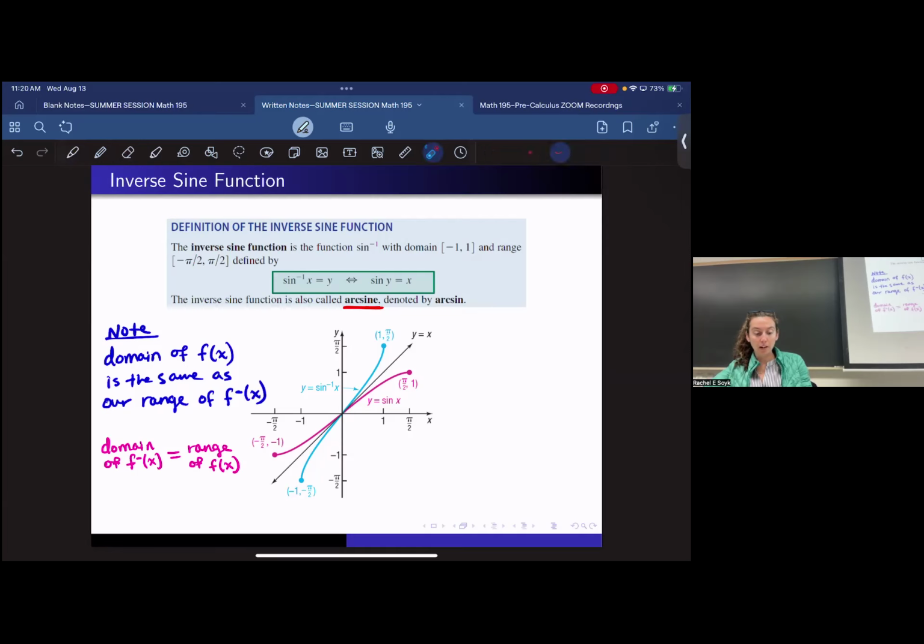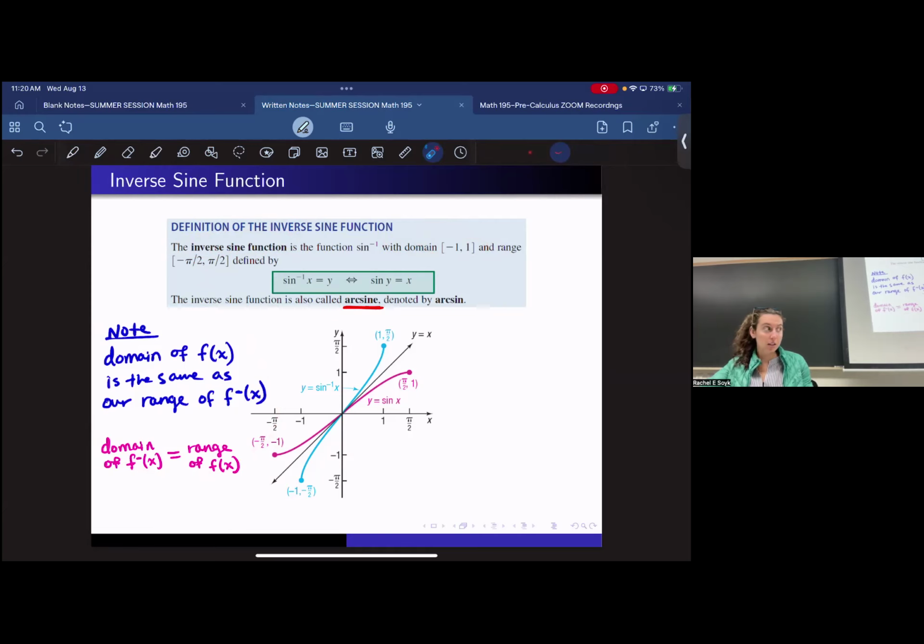And then up here, I know that we put the note, but our inverse sine function has a domain of -1 to 1, because again, that's our range for our regular sine function. And then the range of our inverse, we chose that to be restricted from -π/2 to π/2.